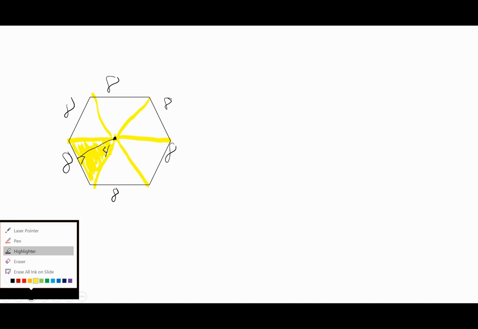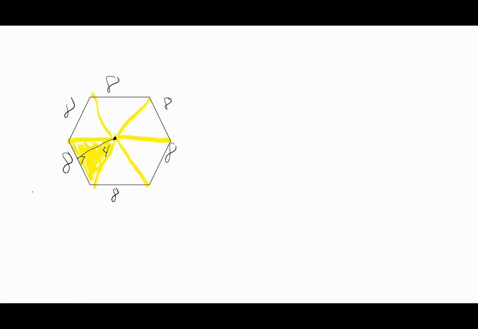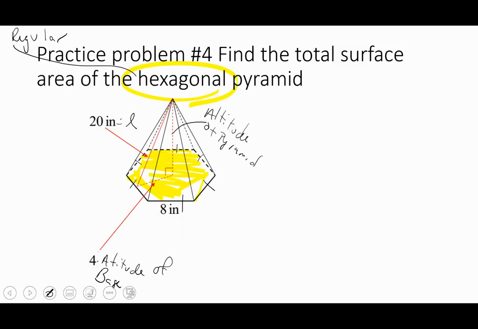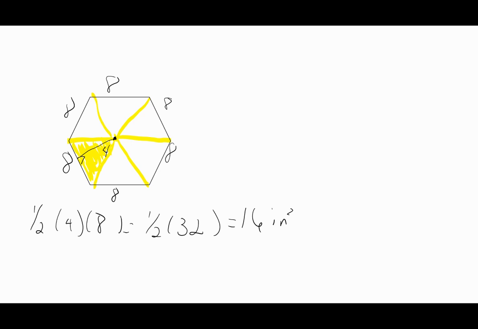So in here, this regular hexagon is 1/2 of 4 times 8, which is 1/2 of 32, and half of 32 is 16, and I believe we're talking about inches squared. That's just one triangle.